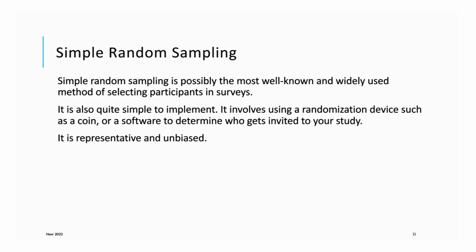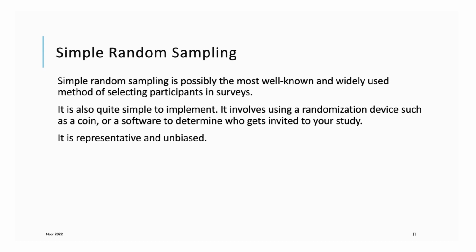Basically, what this entails is getting a list of every single unit in your sampling frame and coming up with a random mechanism to select the units that would end up in your sample.